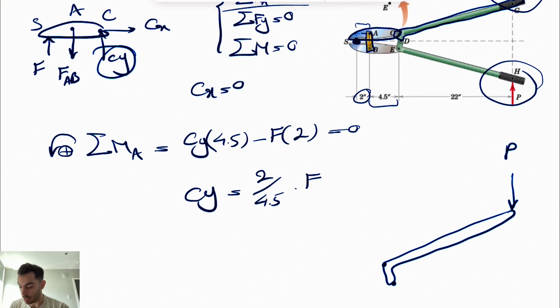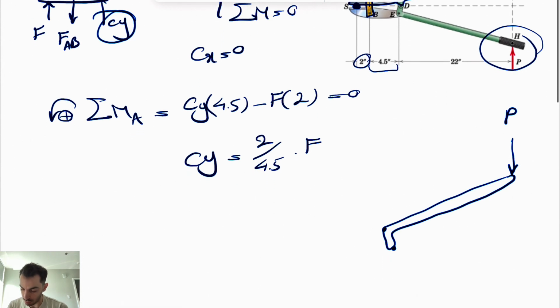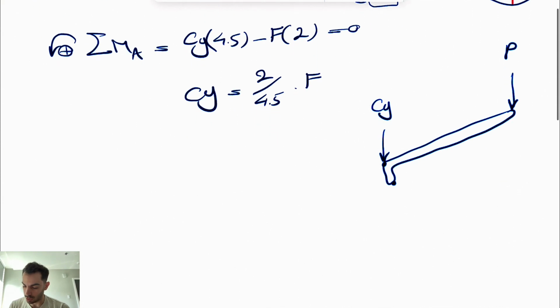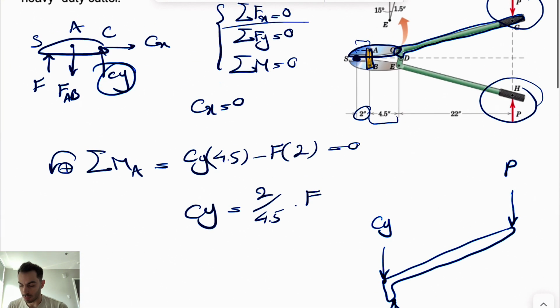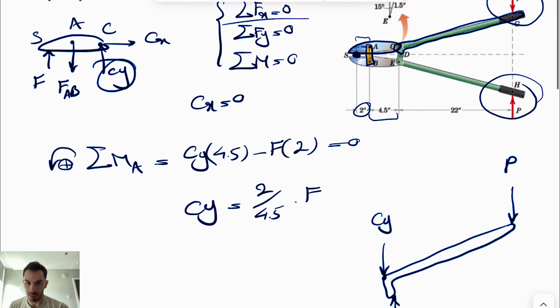In the other member, it has to be in the opposite direction based on Newton's law. So that's Cy. I'm not going to show any Cx because we figured that it's 0. And let's just consider one force in here, which we can call Dy.